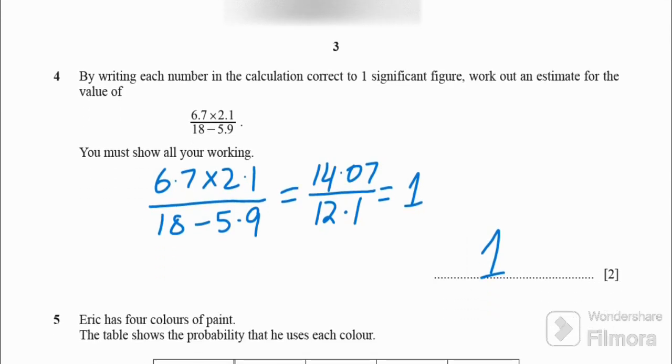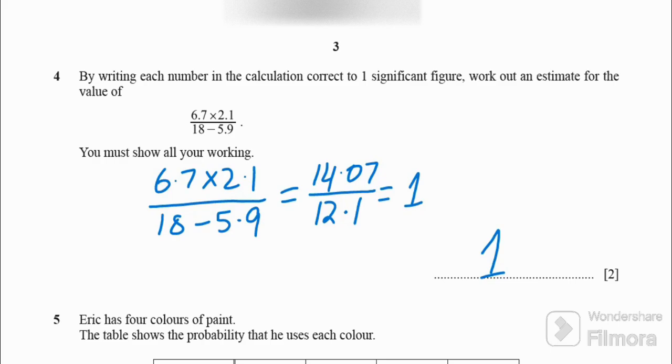Question 4 states, by writing each number in the calculation correct to one significant figure, work out an estimate for the value of 6.7 multiplied by 2.1 divided by 18 minus 5.9. So first we will multiply the top values and subtract the lower values.